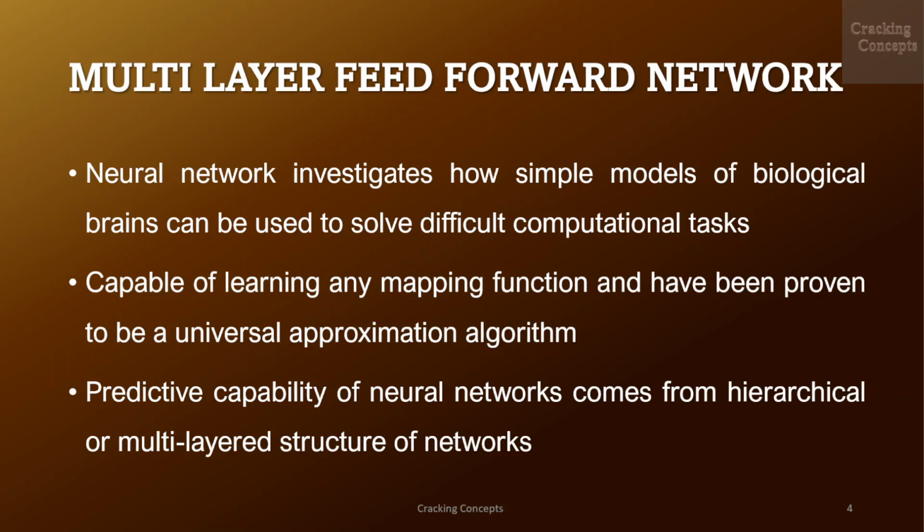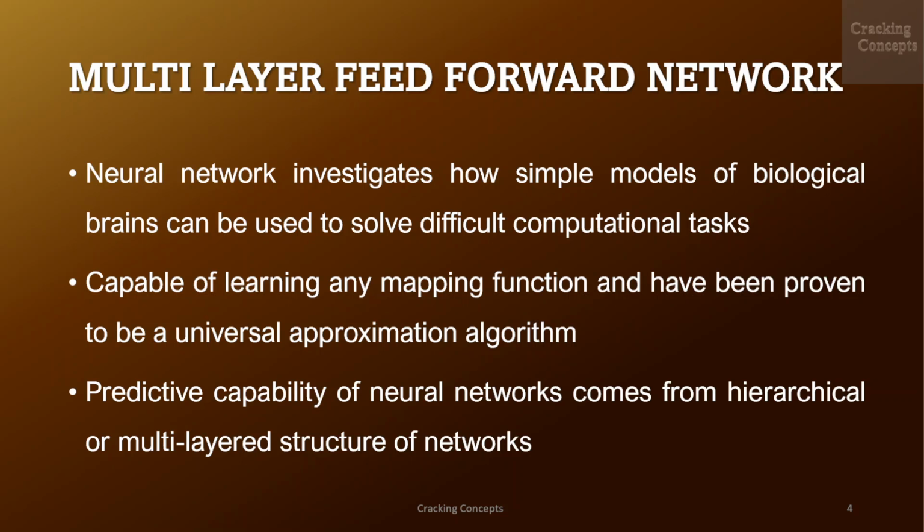Neural networks investigate how simple models of biological brains can be used to solve difficult computational tasks like the predictive modeling tasks we usually see in machine learning. Mathematically, they are capable of learning any mapping function and have been proven to be a universal approximation algorithm.